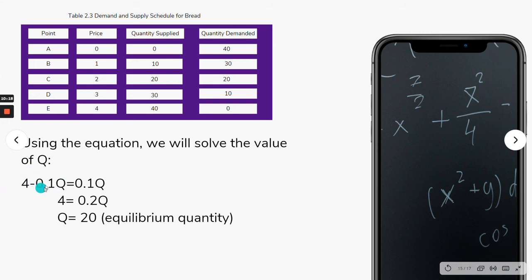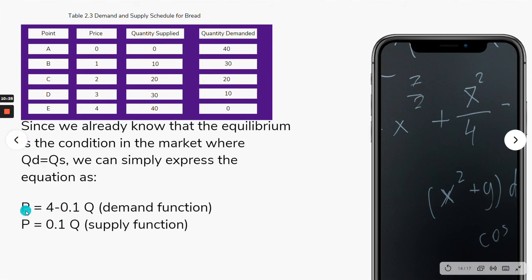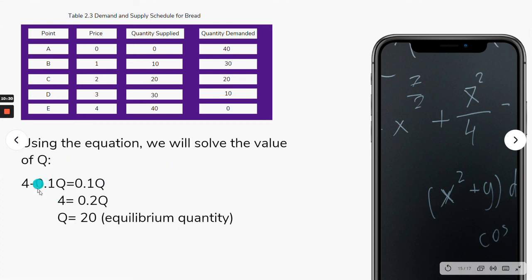The formula is 4 minus 0.1 Q is equal to 0.1 Q. This is our equation, where QD is equal to QS. So this is QD, this is QS. So 4 minus 0.1 Q is equal to 0.1 Q. Therefore, 4 is equal to, we transfer the 0.1 here, and it becomes 0.2.